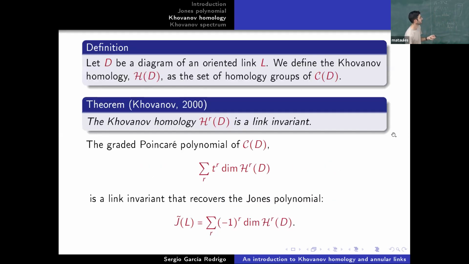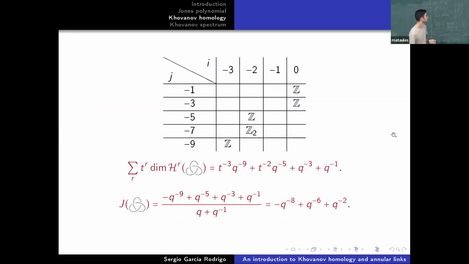If we did the Khovanov homology of the polynomial that we computed before, we would get this table right here. This is telling us that this one is the homological degree.